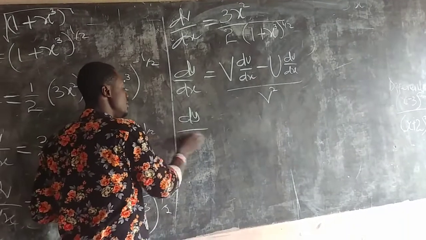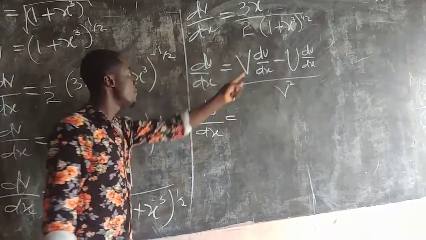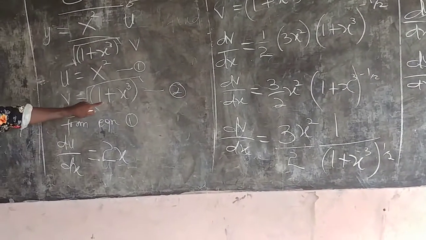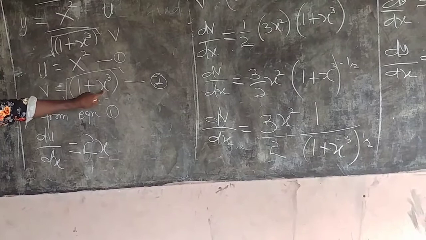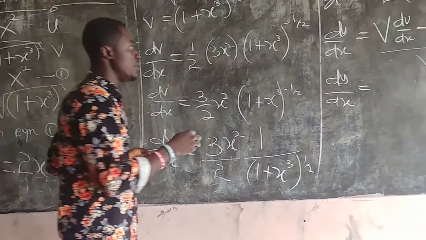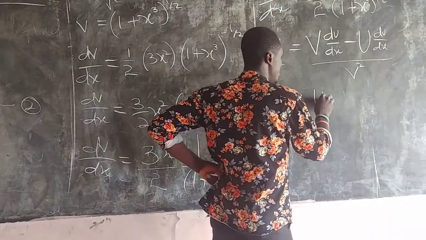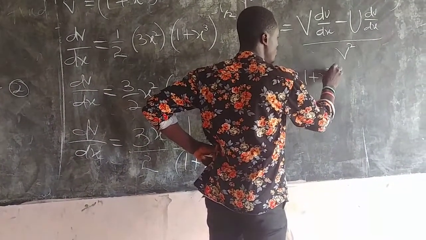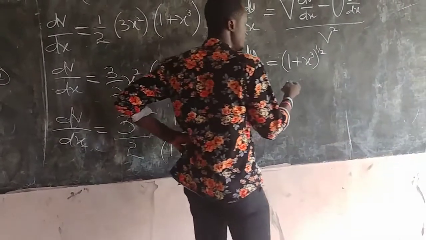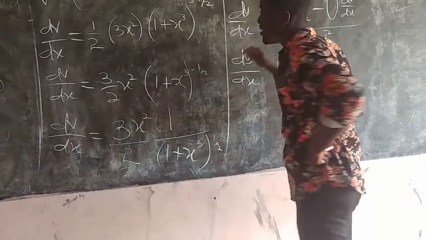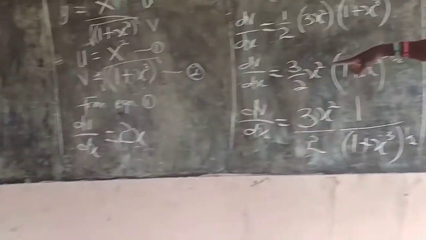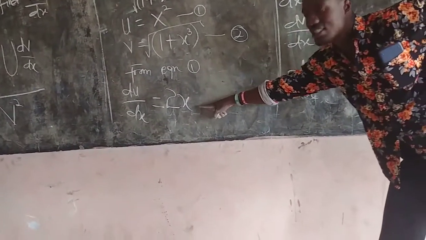So dy/dx will be equal to v. What is v? Let's come back. v is what? 1 plus x cubed all root. So we can use that one for v. So v is 1 plus x cubed, this is the exponent 1 over 2. We can use this one as the v. du/dx, what is du/dx? Our du/dx is 2x.